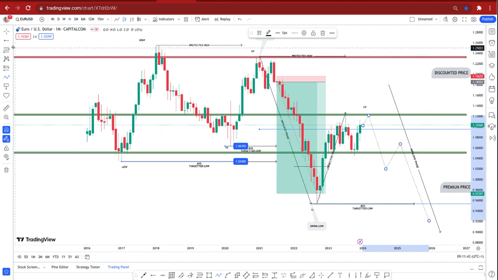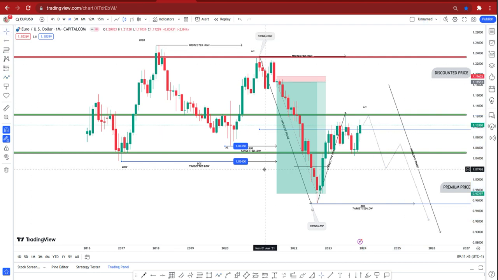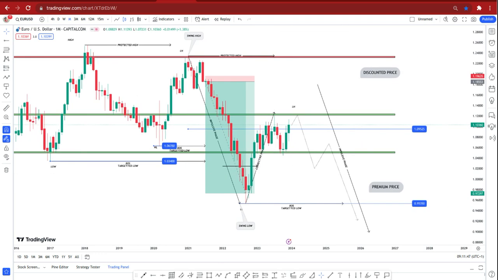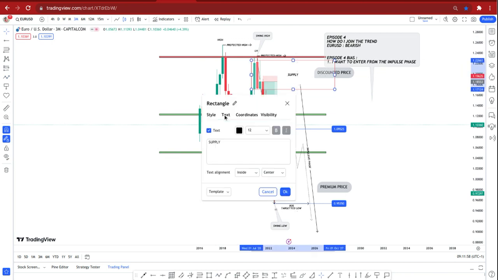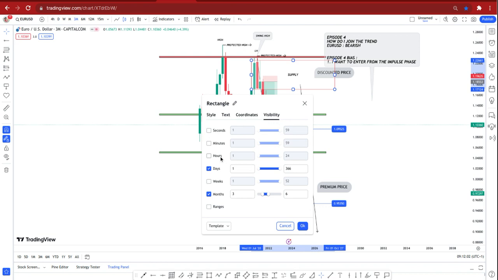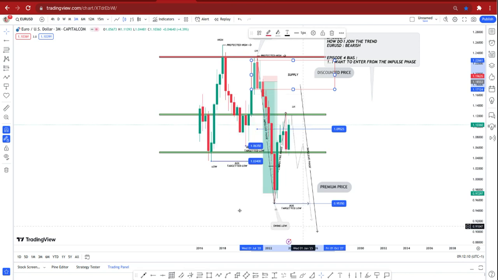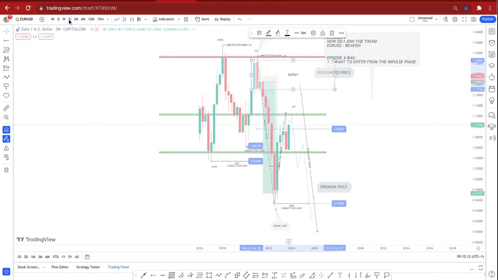Okay, that's scenario 1. Scenario 2, price might push out and come back to this discount. So let's go back, and I want to see the discount, the supply here. I want this supply to show on all time frames, weekly, monthly. So let's go down to 1.